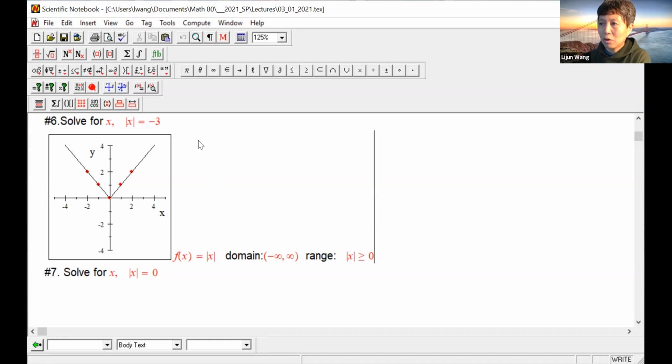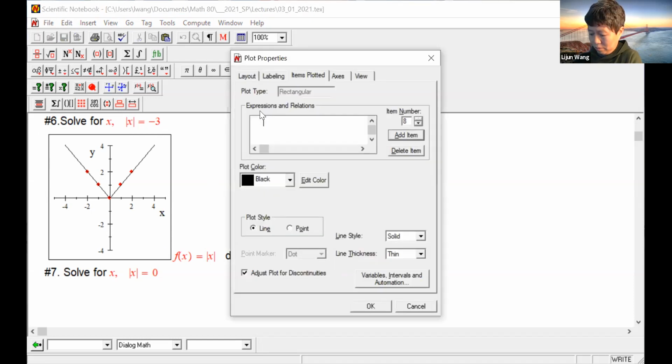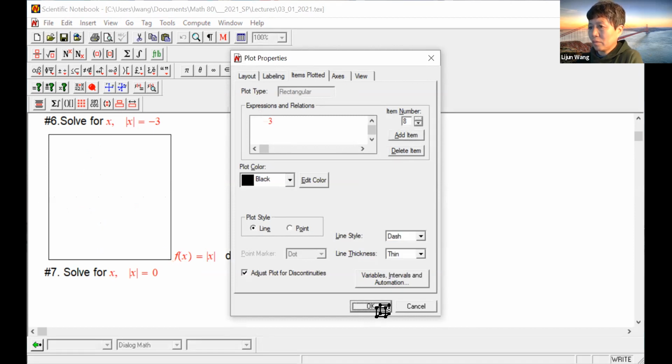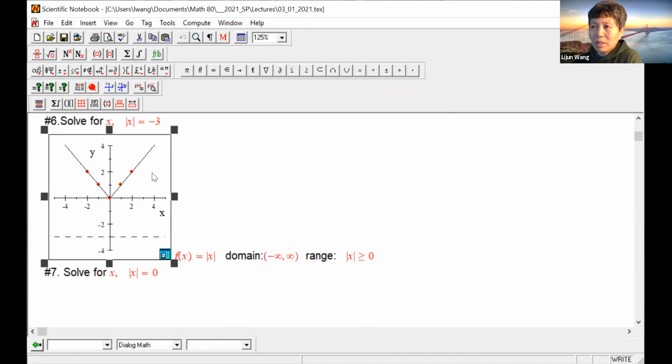So now we want the output to be -3. If you graph -3, you draw that horizontal line. It doesn't even touch the curve. What does that mean? There's no input to produce that output. No solution.